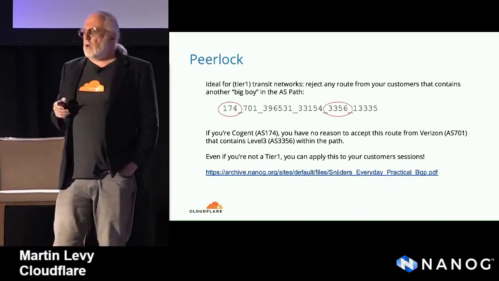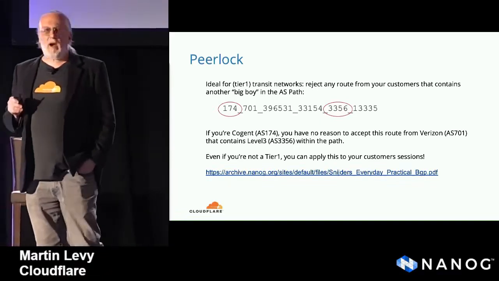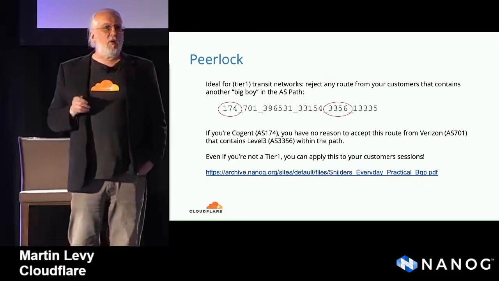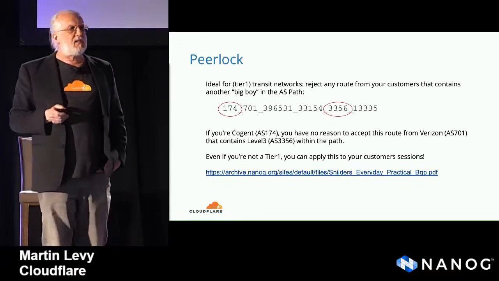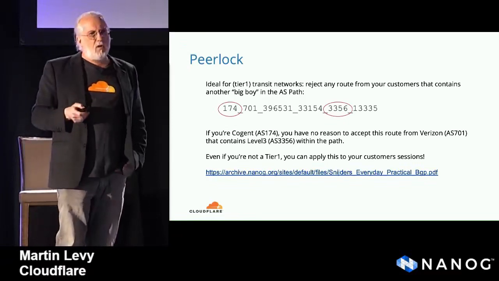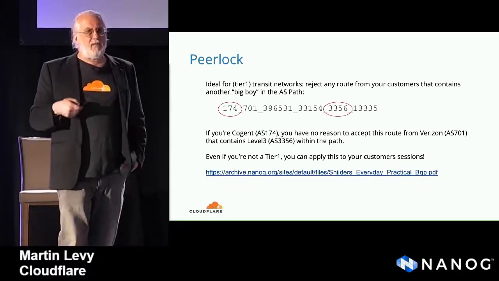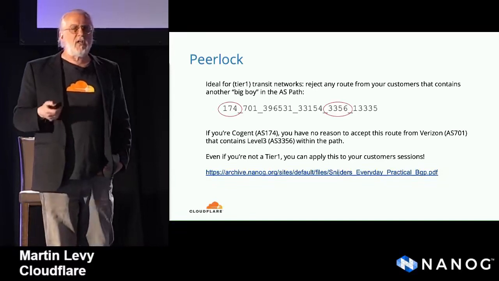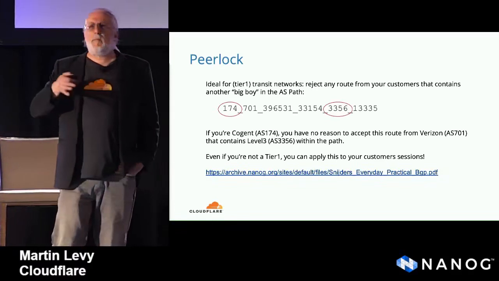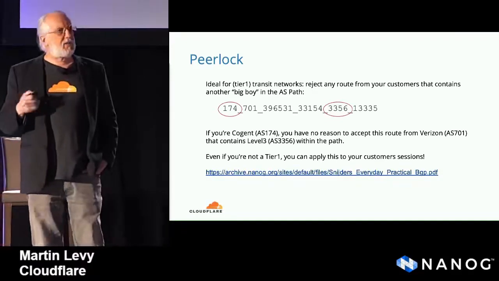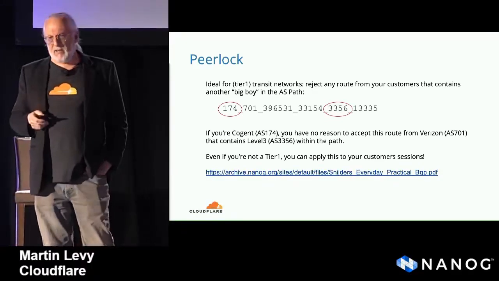A tier 1 network is, by its very definition, a network that does not need to use another network to get to the whole rest of the internet. And those tier 1 networks interconnect in a full mesh such that you never need to see two of their ASs separated in any way. They can be next to each other, but they can't be separated.